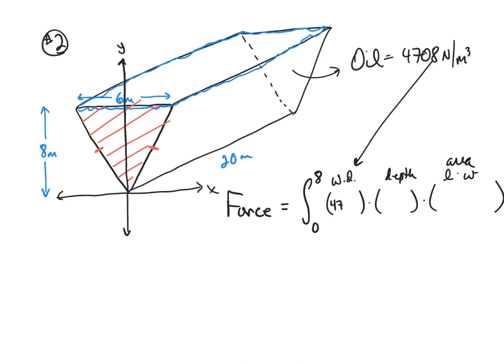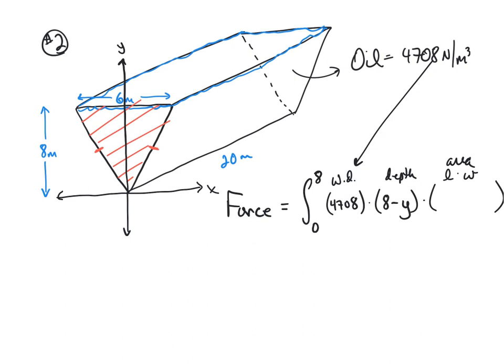In this case, the weight density is 4,708, and the depth is just the top of the tank minus whatever y value layer we're talking about, whether at the top, somewhere in the middle, or way down at the bottom. The depth is the top of the surface minus whatever y value we're on, anywhere from 0 up through 8.